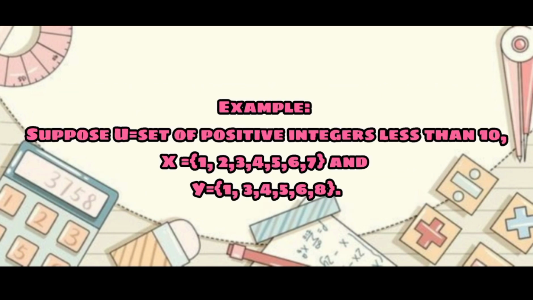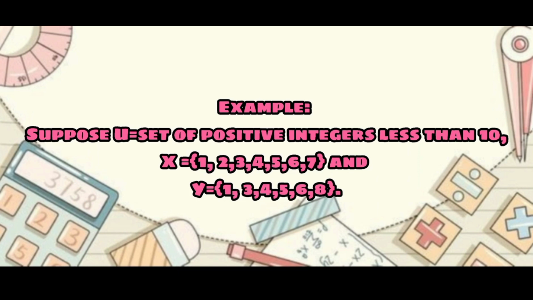For example, suppose U is equal to the set of positive integers less than 10, and X is equal to {1, 2, 5, 6, 7}, and Y is equal to {1, 3, 4, 5, 6, 8}.